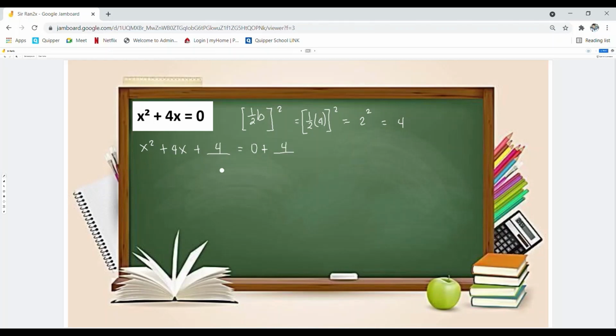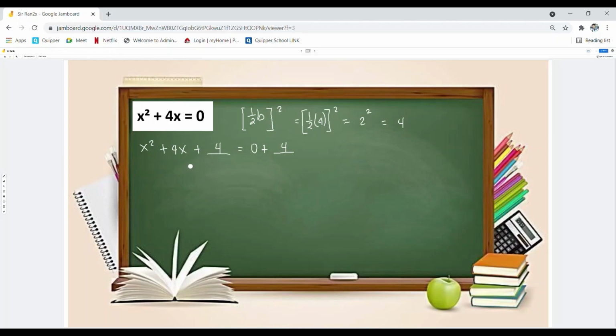As you notice, guys, it becomes a perfect square trinomial. So that's why the method is called completing the square, because the goal is for the left side to become a perfect square trinomial, and the left side you're just going to simplify, the right side simplify. When it becomes a perfect square trinomial, you can easily write it as a square of a binomial as its factors.